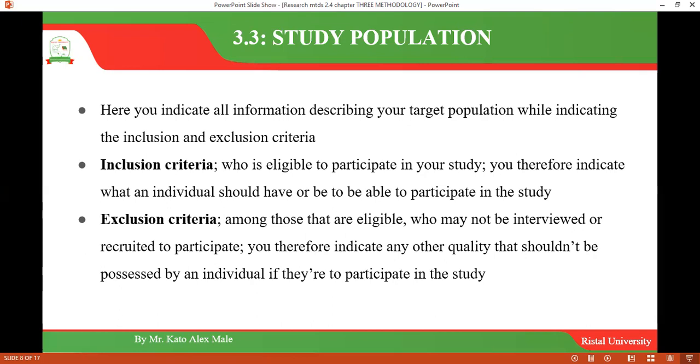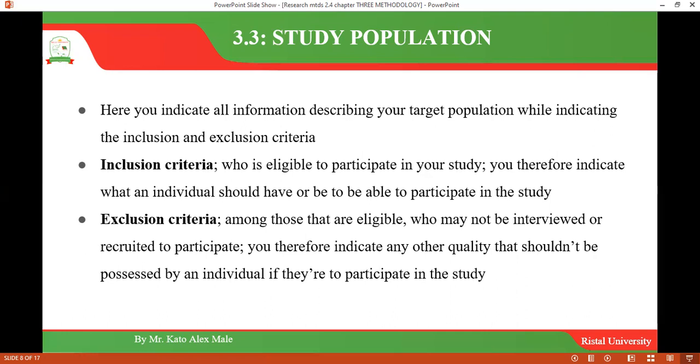What characteristics must be possessed by these people? You tell us all the information in that line. Then exclusion criteria. You tell us that among those who are eligible, who may not be interviewed or recruited to participate. You therefore indicate any other quality that shouldn't be possessed by an individual if they are to participate in your study. You get it?